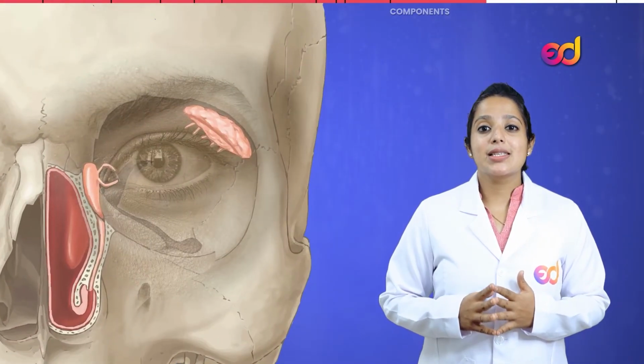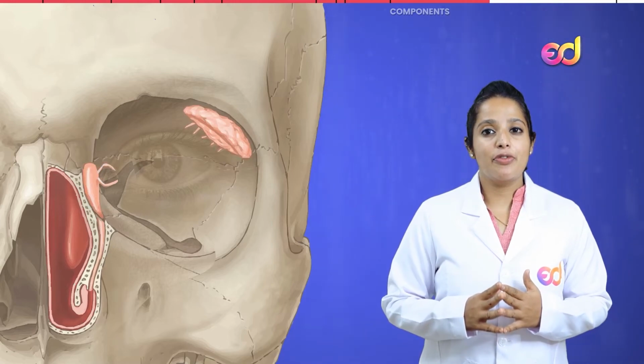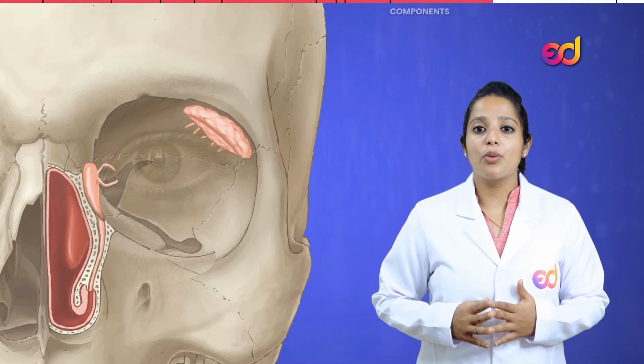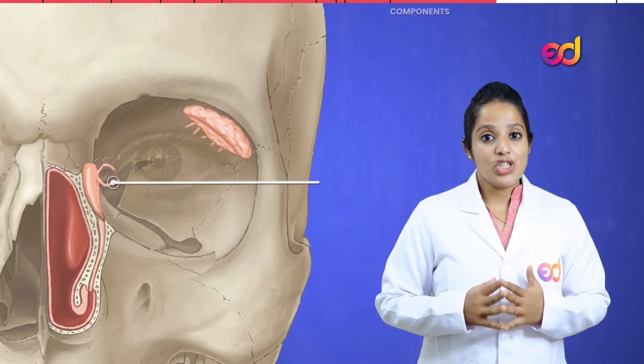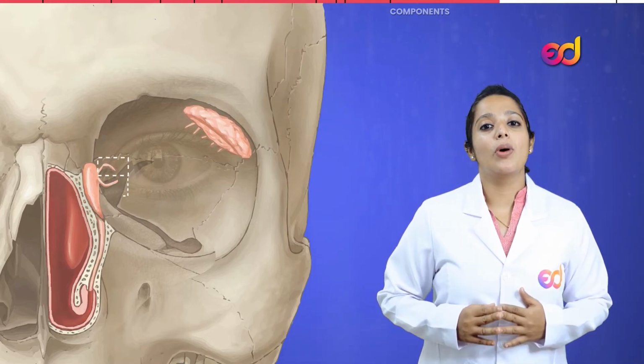Up next are the small channels in each eyelid that drain lacrimal fluid from the lacrimal puncta to the lacrimal sac, which are called the lacrimal canaliculi. Each eye has two lacrimal canaliculi, upper and lower.